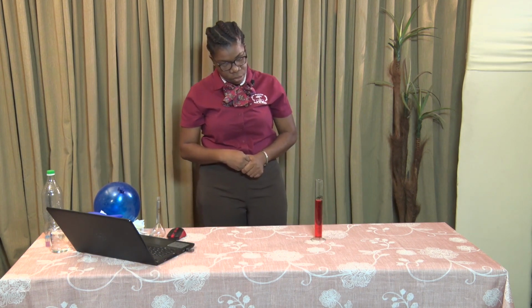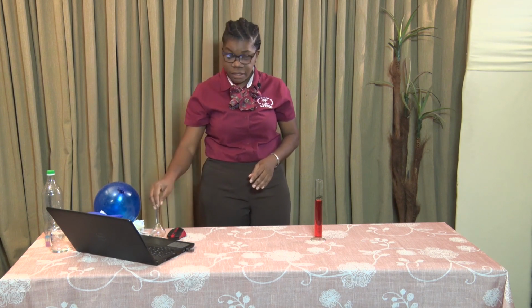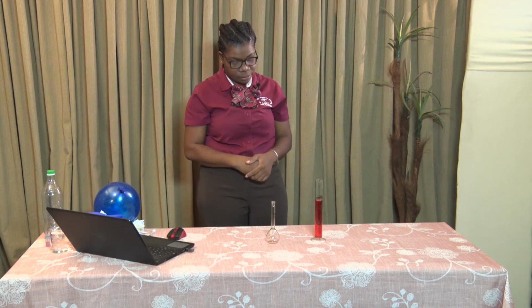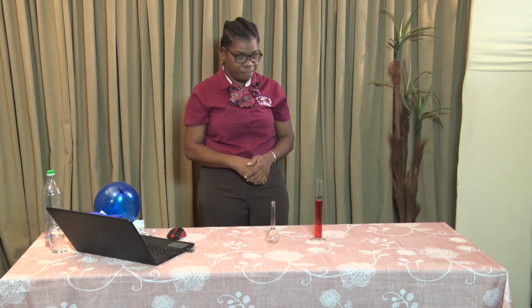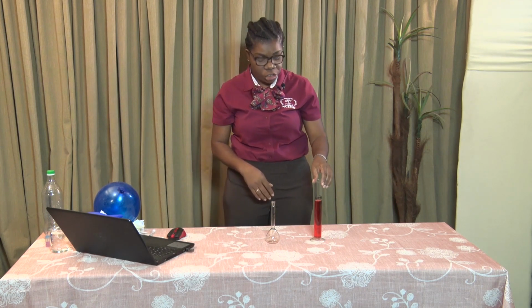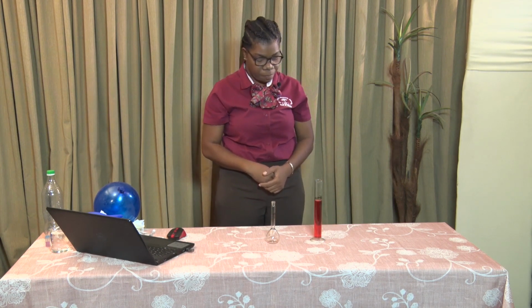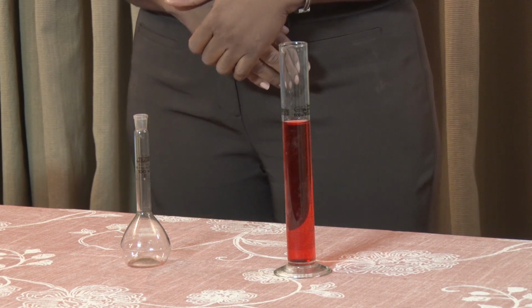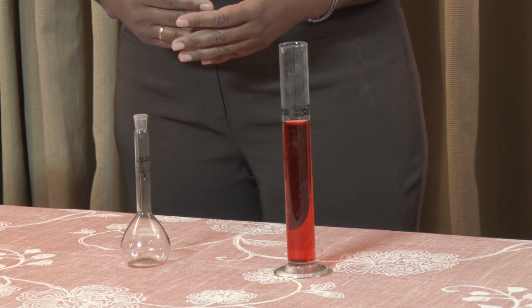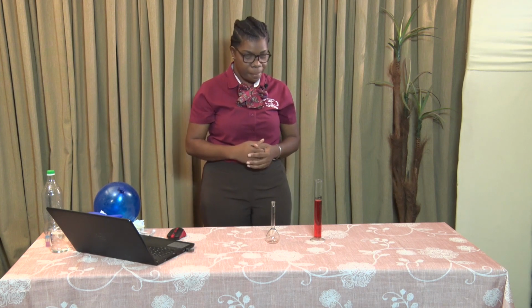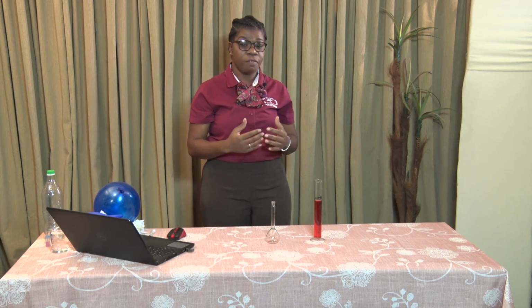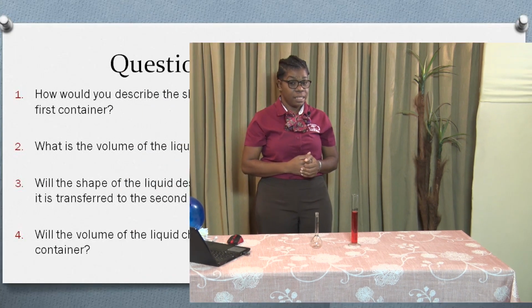Good. Do we still have the same shape as in this first container? No. The shape has changed to suit the shape of this container. What is the shape of this container? We can simply say cylindrical. What about the volume or the amount of this liquid? Did it change?